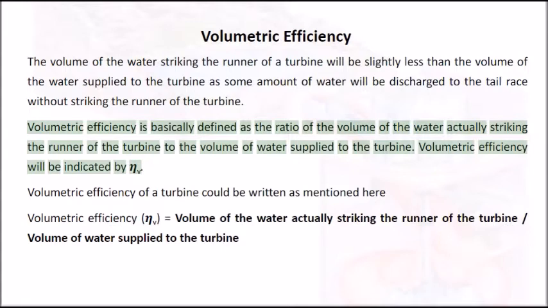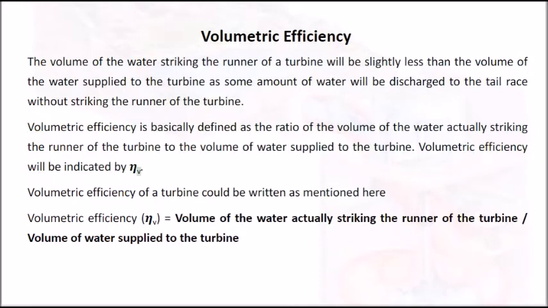It is indicated by ηV. Volumetric efficiency ηV equals volume of the water actually striking the runner of the turbine over volume of water supplied to the turbine.